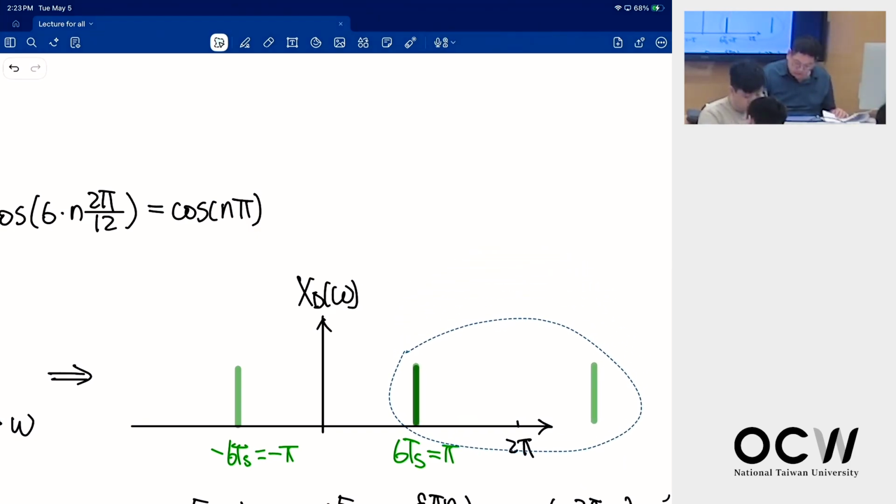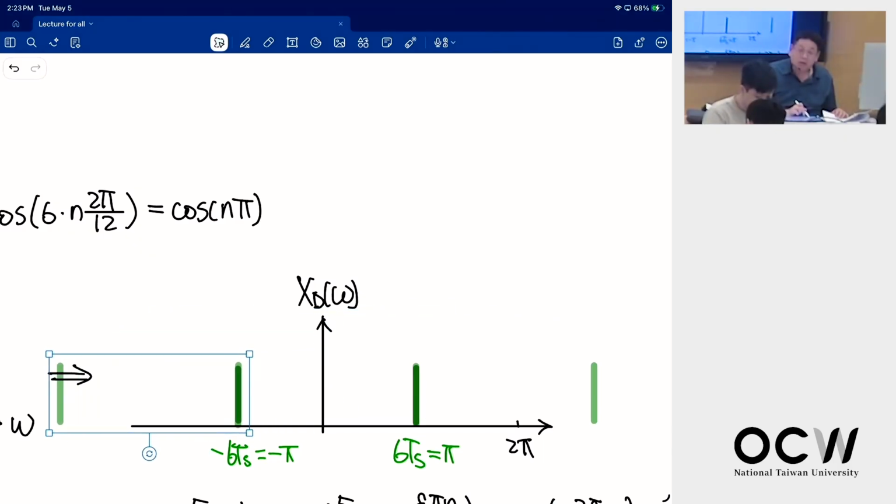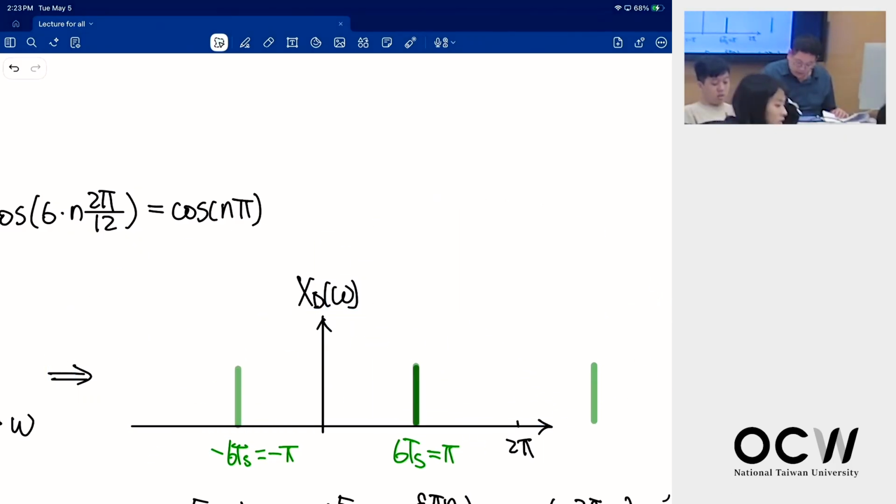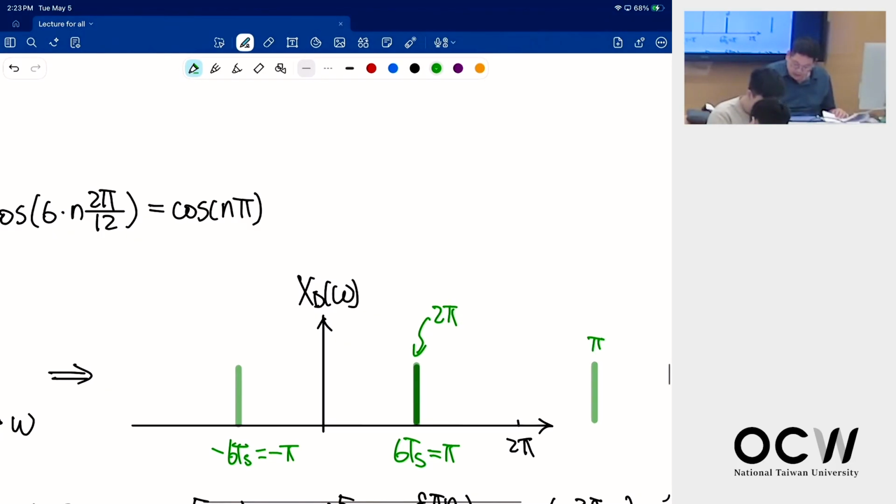Also here, they duplicate. So that's why this one becomes 2 pi, and here is still pi. This is minus pi.